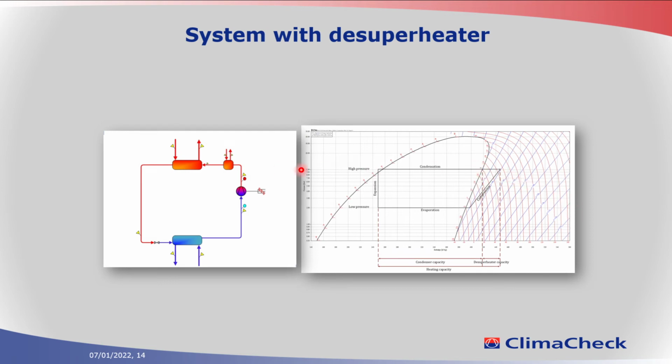And now you can see that just by adding this temperature sensor here, we can calculate how much heat we are removing with the desuperheater and how much heating capacity that is in the condenser. So then we have the total heating capacity, but also divided over the desuperheater and the condenser.